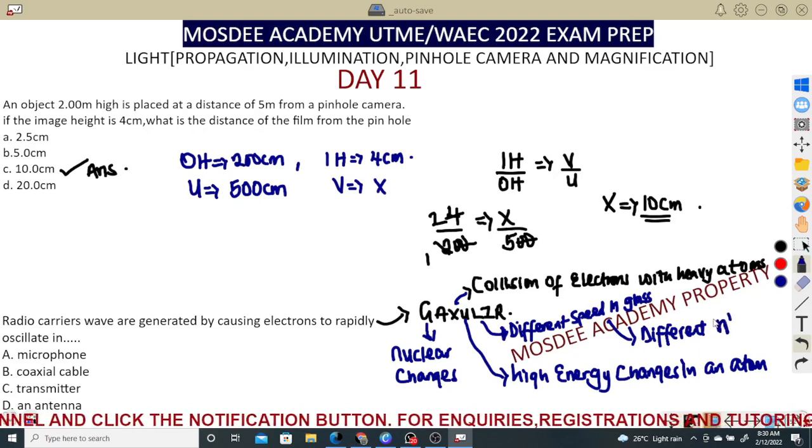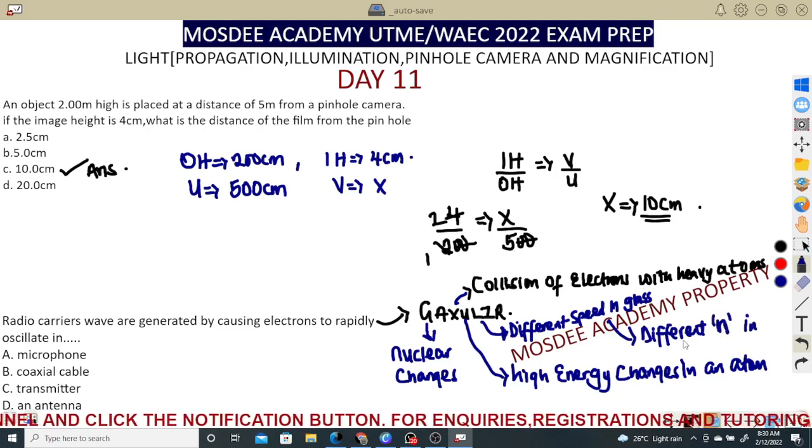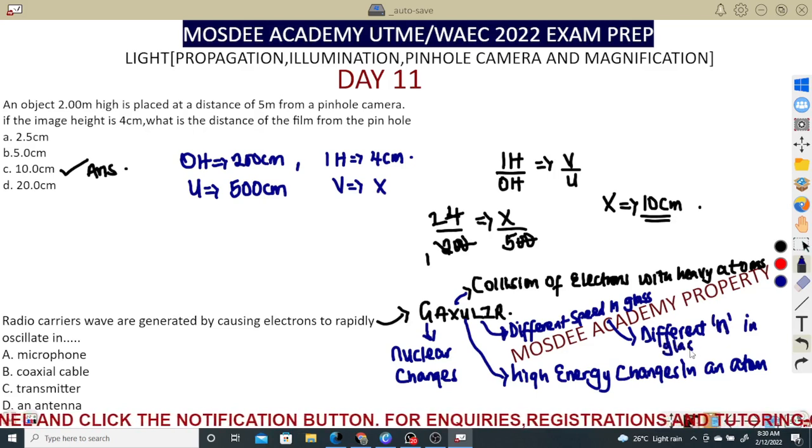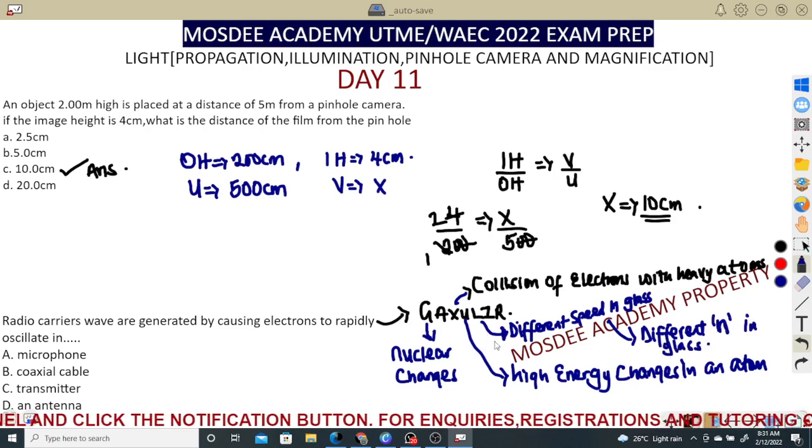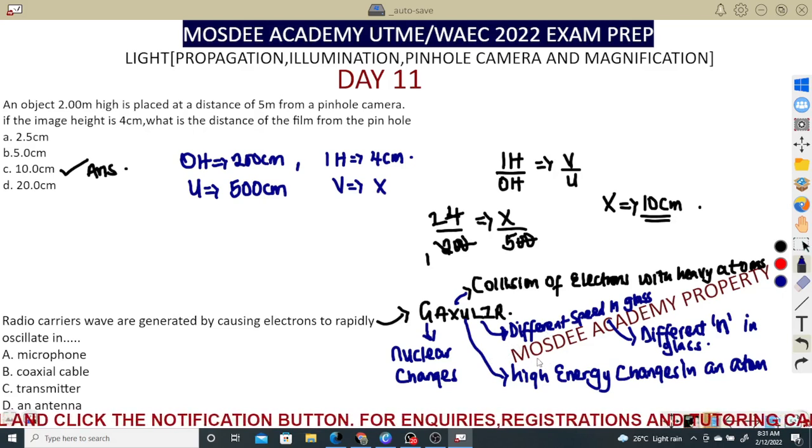We're still going to talk about that, don't worry. So they are formed due to different speeds of colors in glass. That's how visible light is formed. Please always keep that at the back of your mind. It's so simple to know. When we get to the chapter on dispersion of light, you will understand more about what I'm writing.